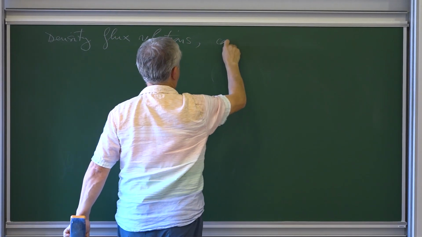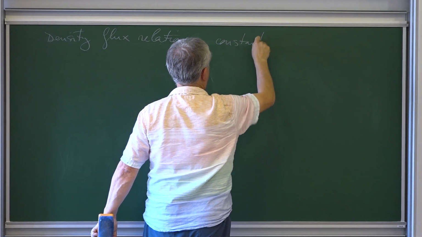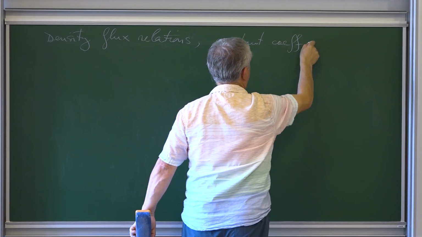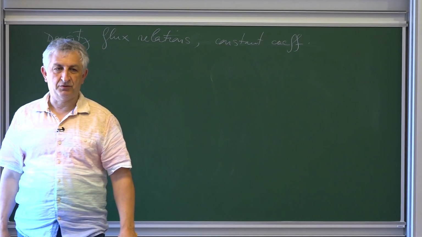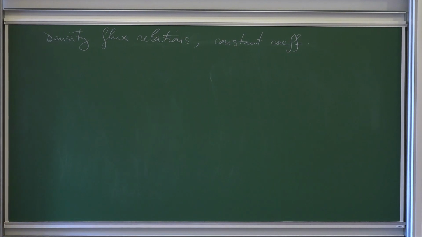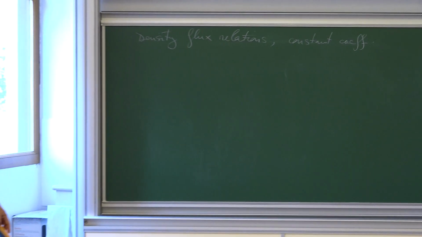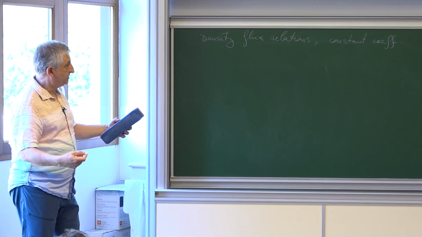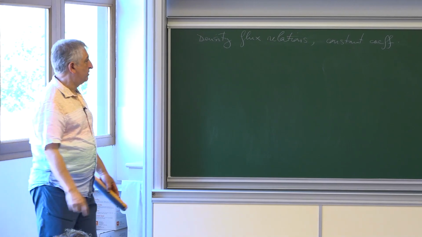This happens in the constant coefficient case. So I want to give you a quick idea of what happens in the constant coefficient case, because then I want to tell you what bad things happen when you look at variable coefficients.